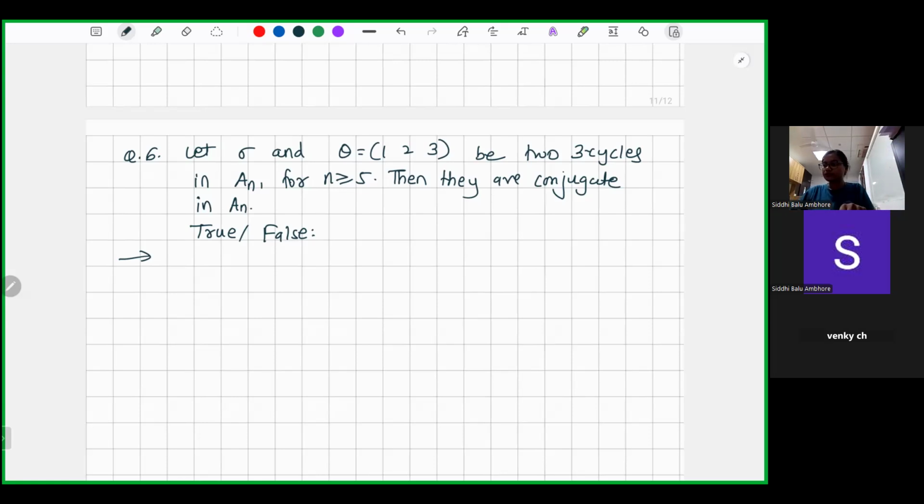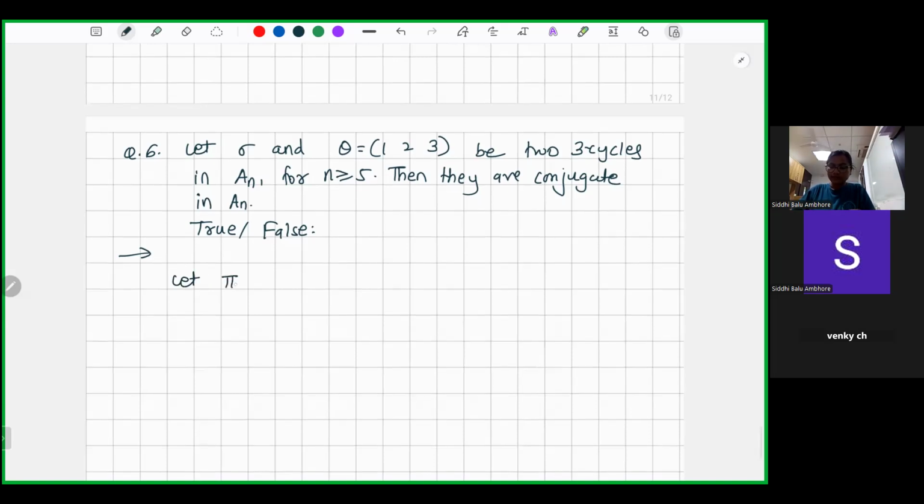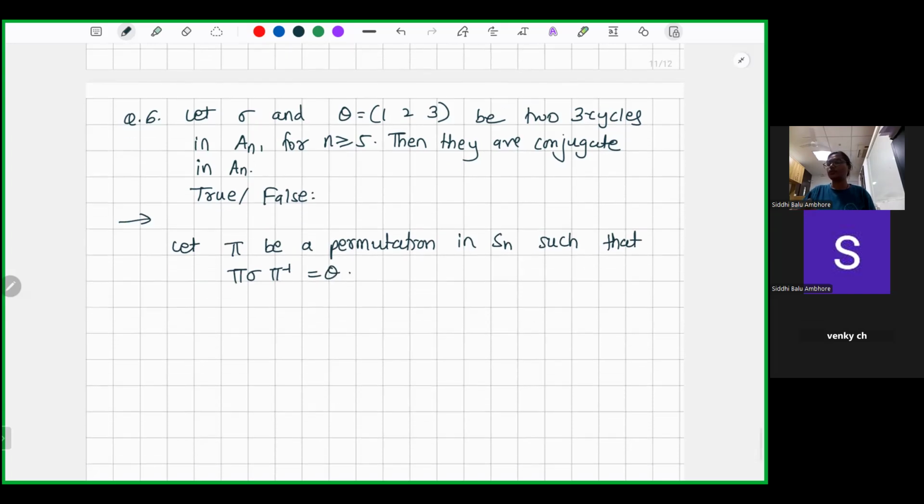So let pi be a permutation in Sn such that pi sigma pi inverse is equal to theta.